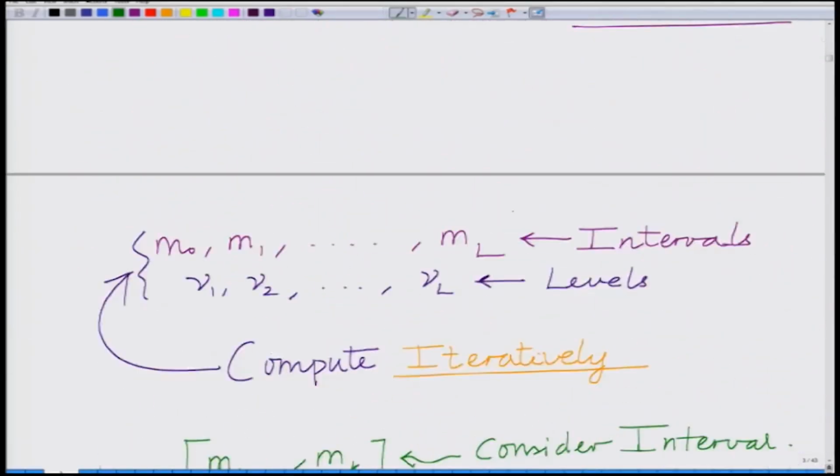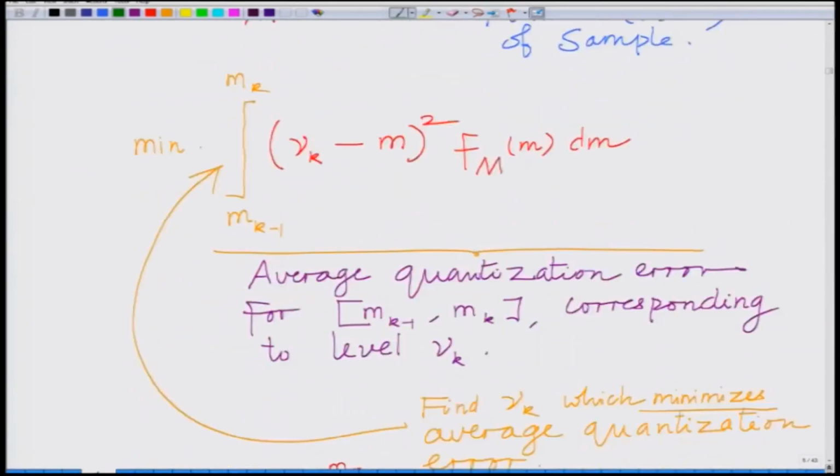That is step A. Step B is, given the quantization levels, to determine the intervals, and we have determined the boundary m k simply as the midpoint between nu k and nu k plus 1, that is half of nu k plus nu k plus 1. So, that is step B. Compute step A and step B iteratively, and that gives the optimal quantizer.